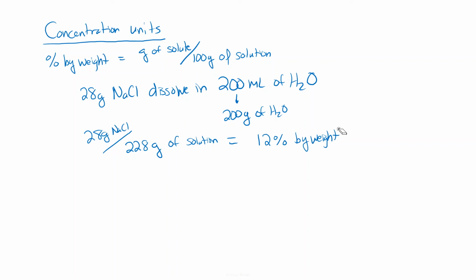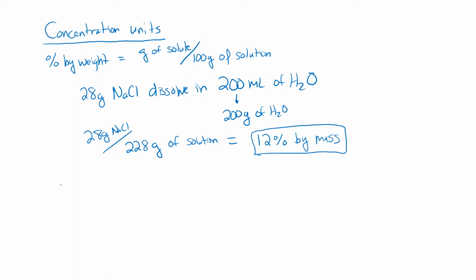Because I'm a scientist. If you divide these two, you get 0.12. I just multiplied that by 100 to take care of this 100, and it gives me 12% by mass. So if you're calculating percent by weight, you take the mass of the solute divided by the mass of the solution and convert it to a percentage.